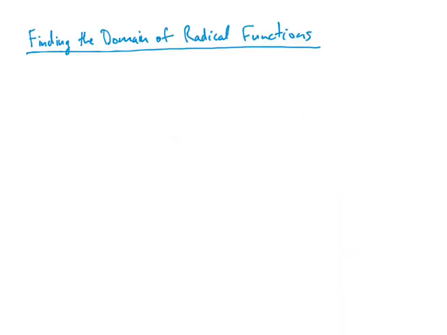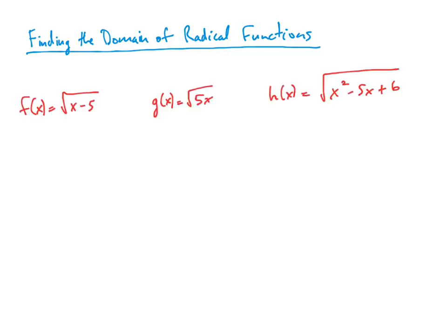Next, we want to be able to find the domain for a radical function. Here are some examples of radical functions. Radical functions are functions that have a radical in them. Specifically, or more precisely, they have the x, the independent variable, under a square root symbol or a radical symbol.